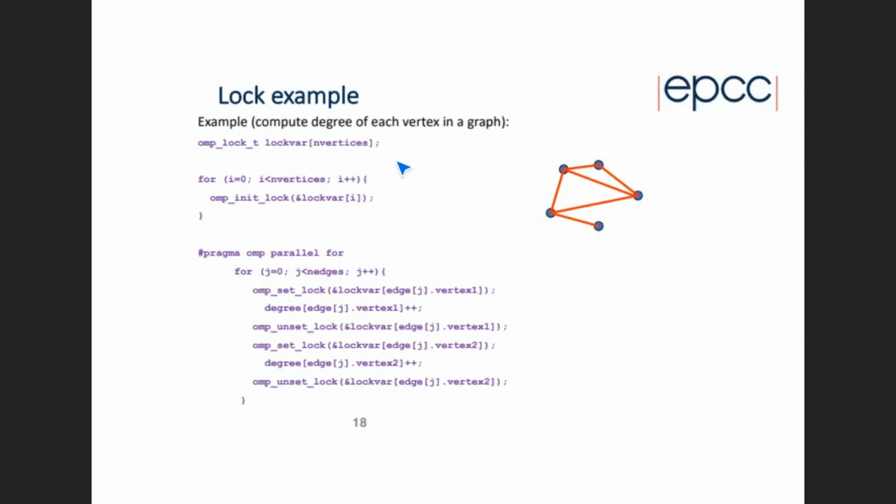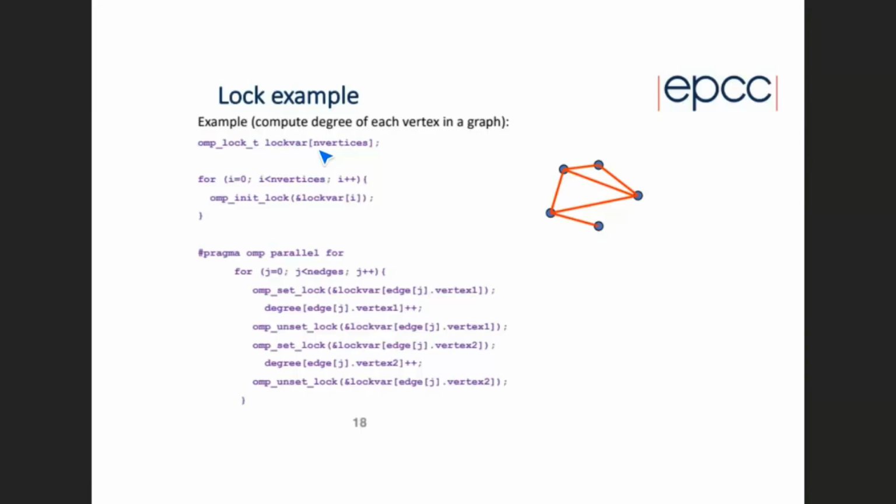So what I'm going to do here is declare an array of locks, and the size of that array is equal to the number of vertices. So in my program I'm going to logically associate one lock variable with every vertex.